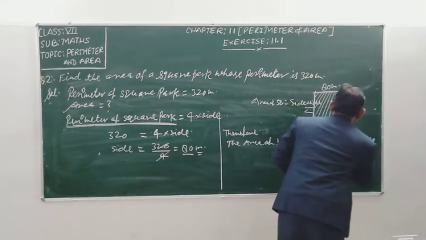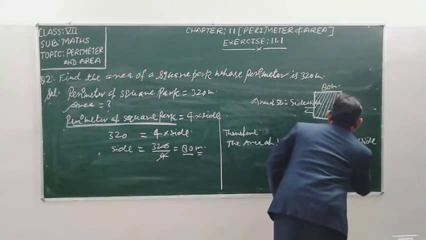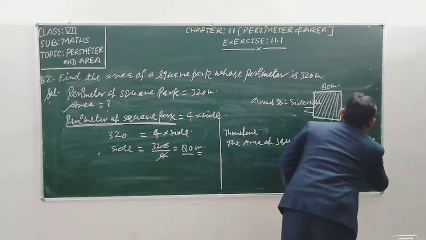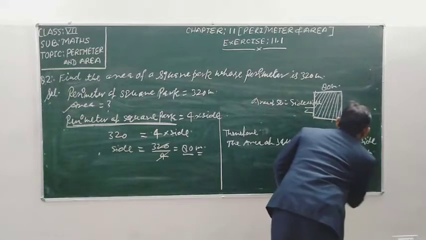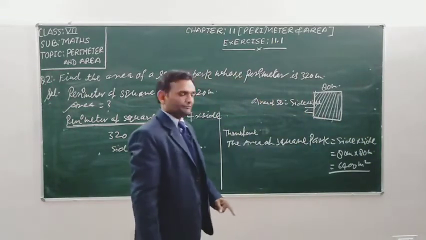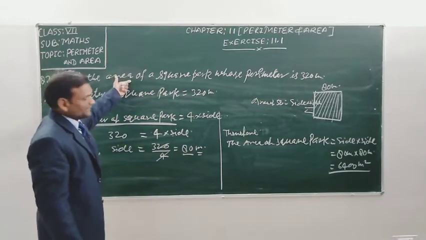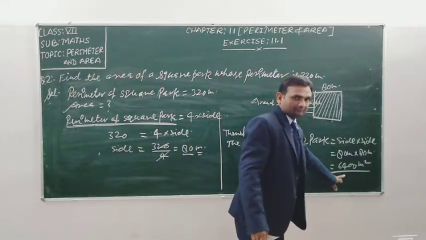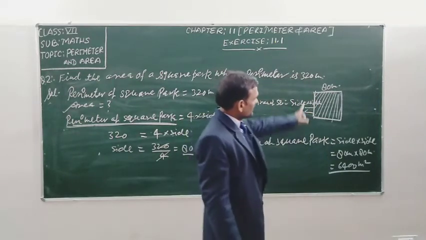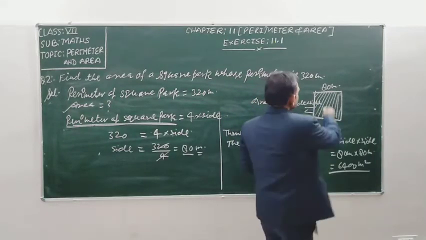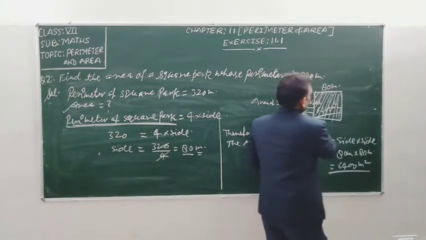Side you have found out, 80 meter into 80 meter, that is 6400 meter square. This is the area. The question asked me to find the area, and I have found out the area here. 6400 meter square is the area of the square park. Means this amount of the surface is 6400 meter square.